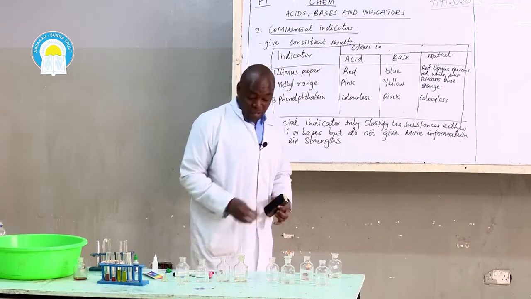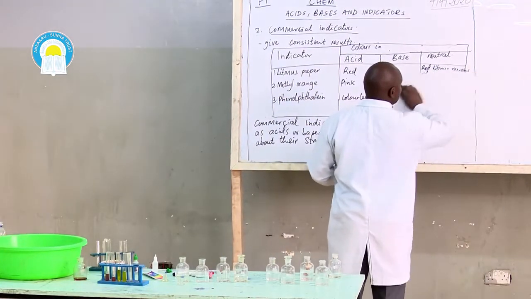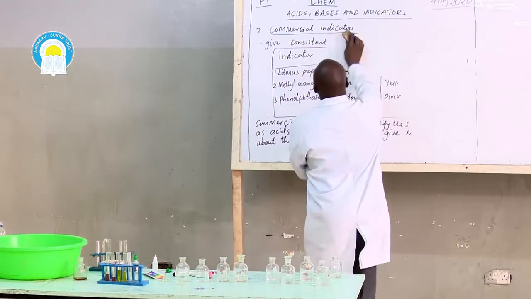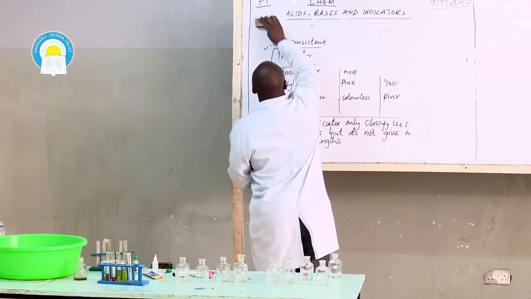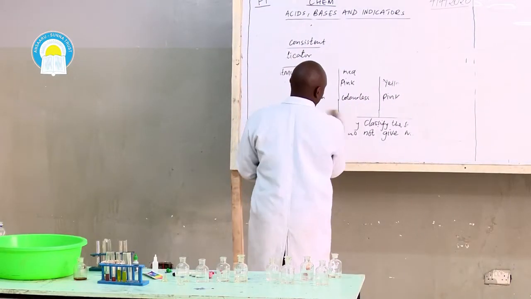To give more information about the strength of acids or bases, we use what we call universal indicator. Indicator number 3 is universal indicator.